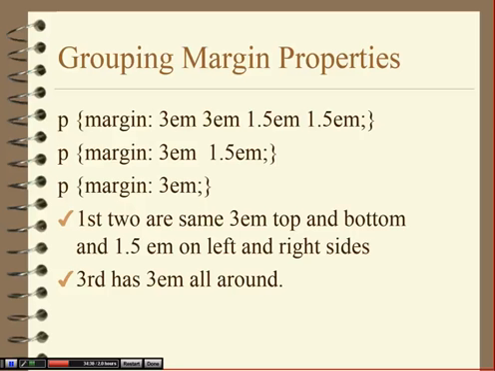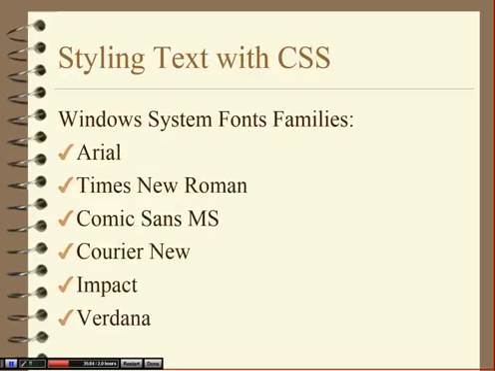So this is going to be the top, the bottom, the left, and the right. If I only give 2, it assumes that I mean this to be the top and the bottom, this to be the left and the right. When I do that with only one value, it assumes I mean to put the same value for all four sides. Okay? So that's kind of a shorthand. You'll see that we do it the same way with the padding.